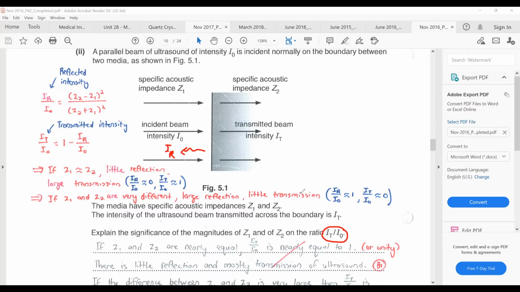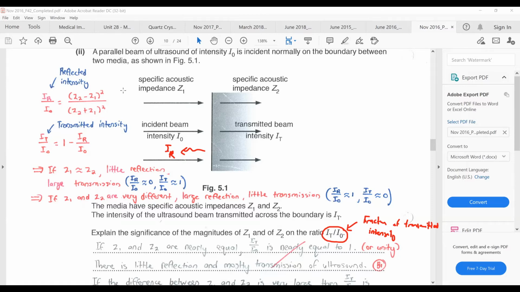They're not asking you about the fraction of reflected intensity. They're asking you about the fraction of transmitted intensity, not reflected. So now you need to explain your Z1, Z2 based on that. Now, what you understood was this, right?